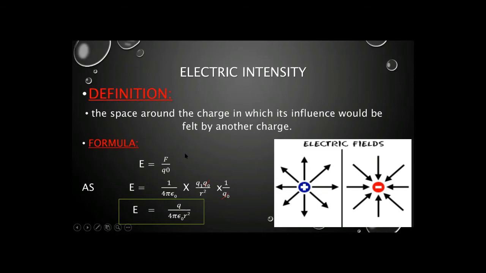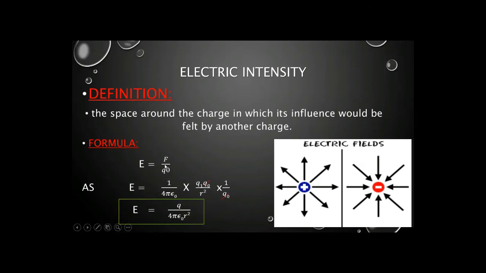as electric intensity. So electric intensity is equal to F divided by q naught, which means when we replace force, F is the electrostatic force, and that electrostatic force is replaced by 1 over 4 pi epsilon q1 q2 upon r square. This is the formula of the electrostatic force.